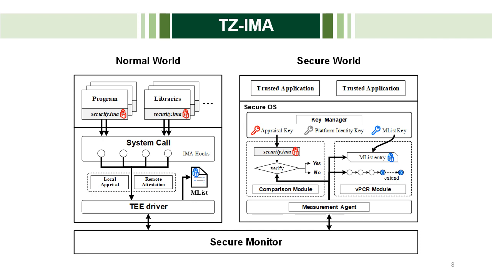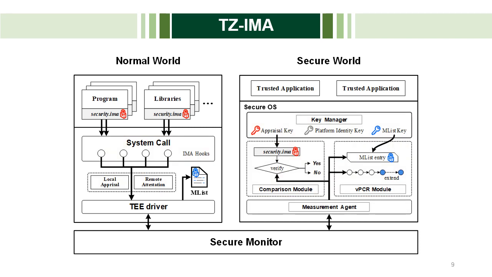Compared with the original IMA, the components of TZ-IMA are across worlds. Integrity measurement hooks intercept the user's execution of sensitive applications in the normal world, and four security modules provide integrity measurement and protection services in the secure world.